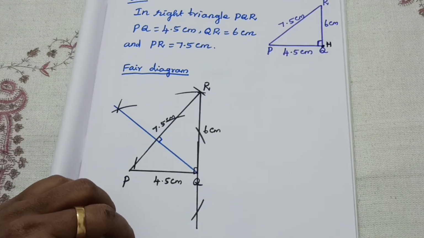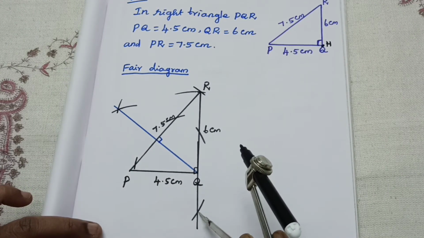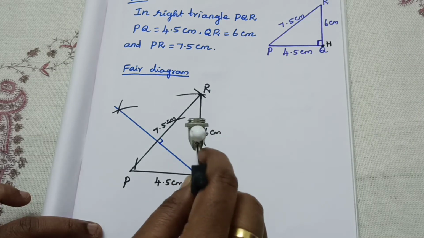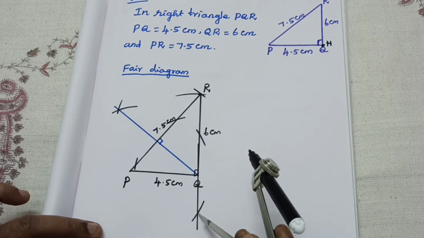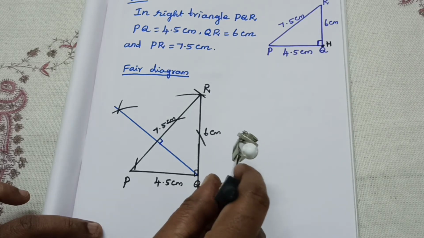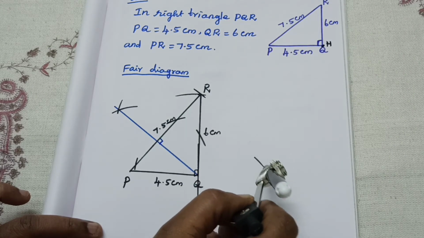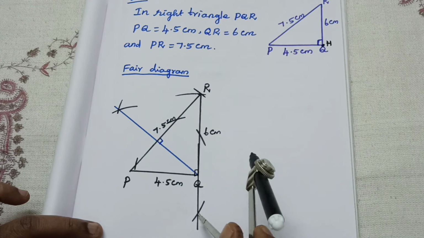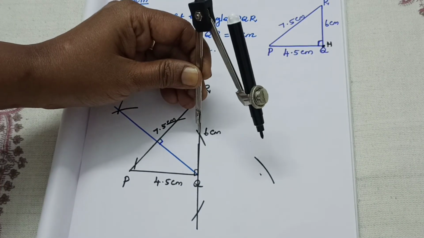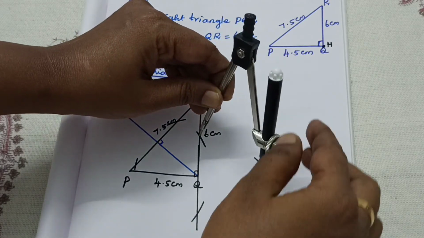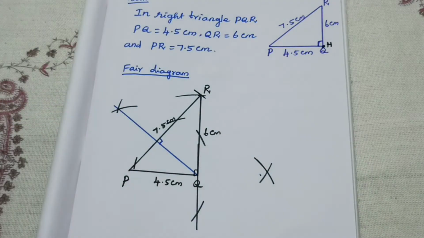Okay, then from this point, this same measurement, we keep it here and draw the arc. Draw the arc like that.